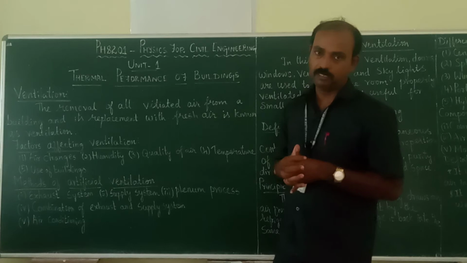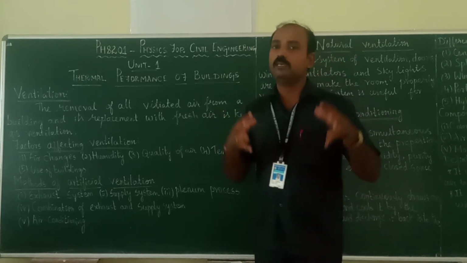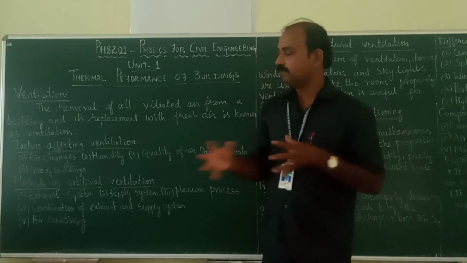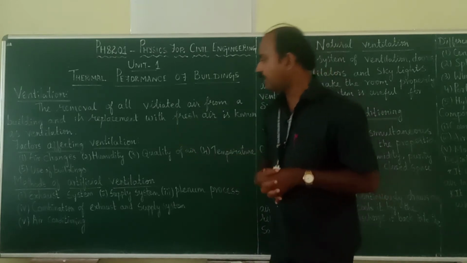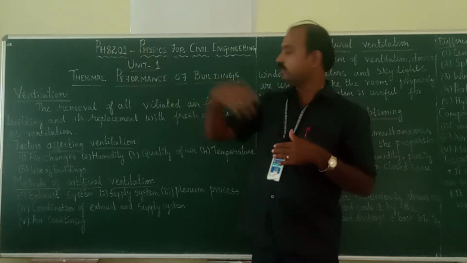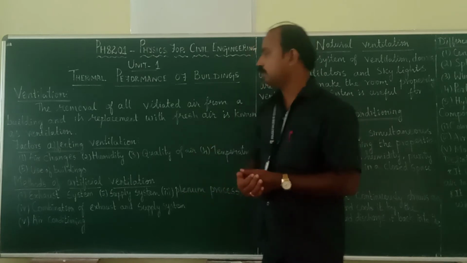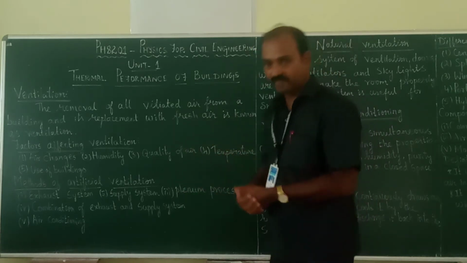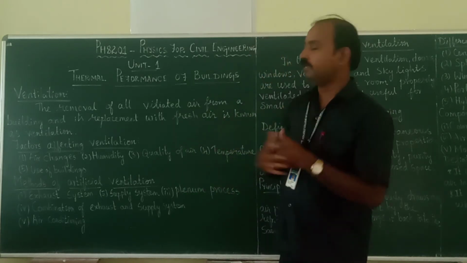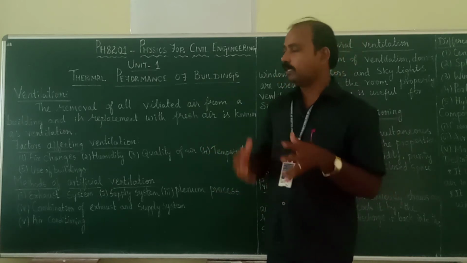Now, what are the factors affecting ventilation? The first one is air changes, that is, air flow. Then humidity. Humidity is also a factor affecting the ventilation process. Quality of air, which I will explain.